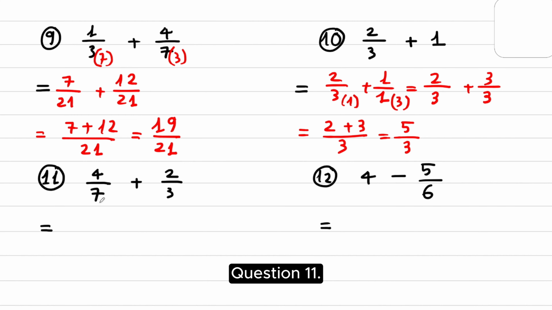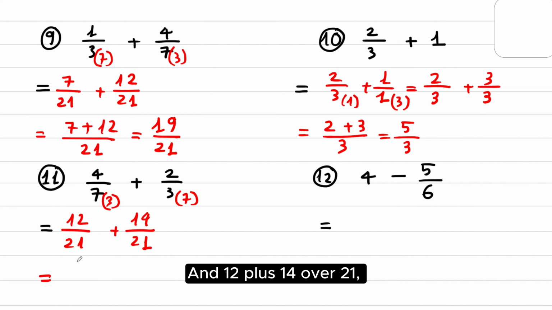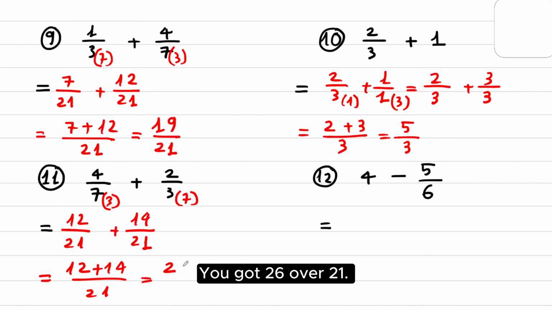Question 11. One more, 3, 7, okay, 12 over 21, 14 over 21, and 12 plus 14 over 21, you got 26 over 21.